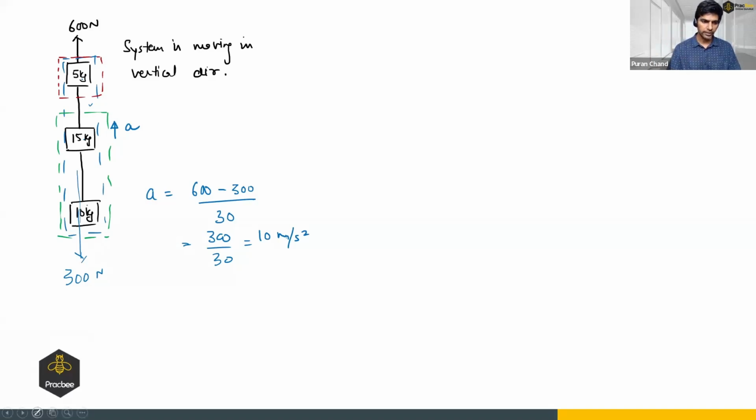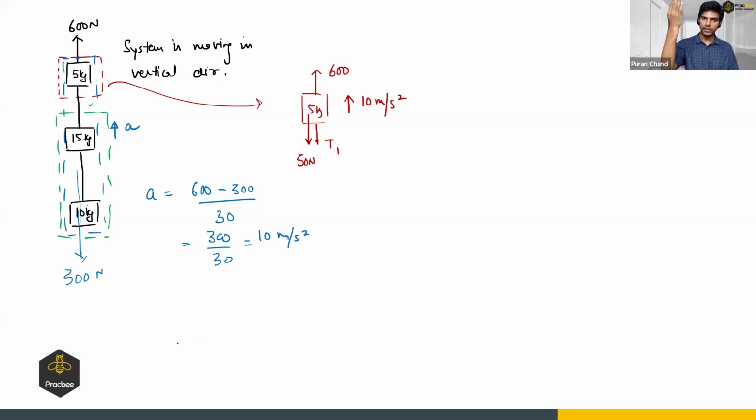If I draw the free body diagram of the first subsystem, we have a 5 kg block. There is a 600 Newton force acting in the upward direction. There is a tension T1 acting in the downward direction, pulling downward. And there will be a gravitational force, which is 50 Newton. And it is accelerating in the upward direction with 10 meters per second square.